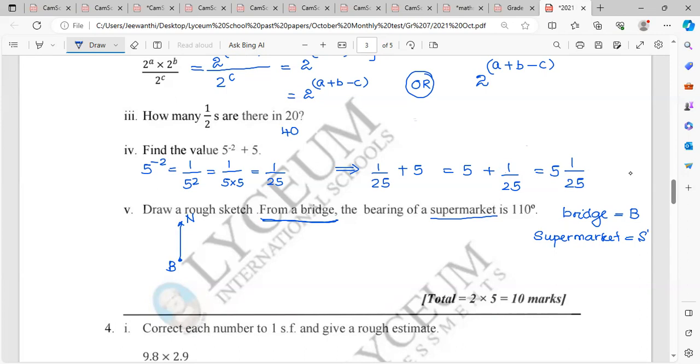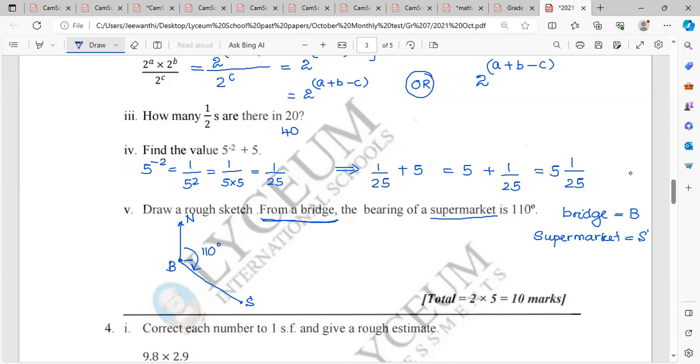And 110. When you have 110, we know it is more than 90 degrees. This is the 90-degree mark. Therefore, I mark it like this. And here it is the supermarket S. And here I want to mark the degree value, and show that it is moving clockwise. And here I write 110 degrees.